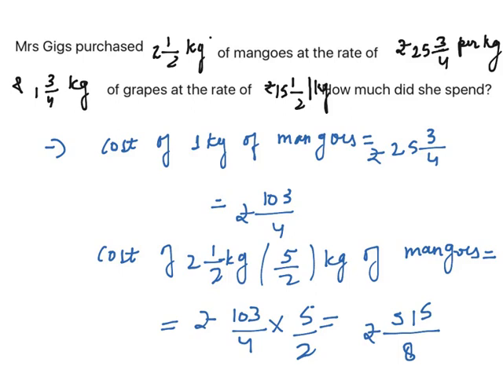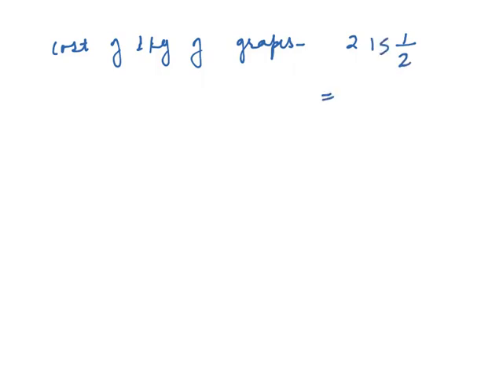Similarly, we will find the price for 1 whole 3 by 4 kg of grapes. The cost of 1 kg of grapes is given as rupees 15 whole 1 by 2, so it will give us 31 by 2 rupees. And we have to find the cost of 1 whole 3 by 4 kg.